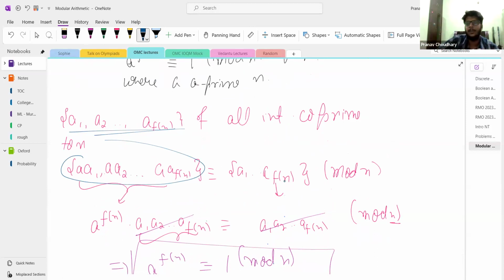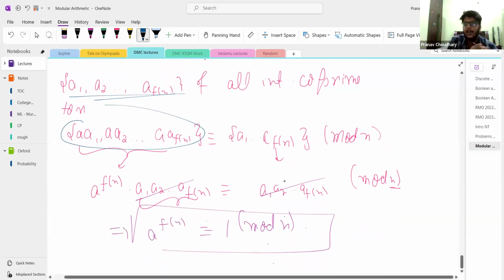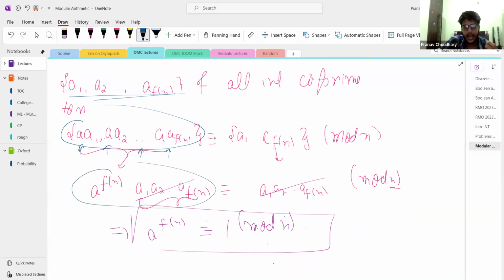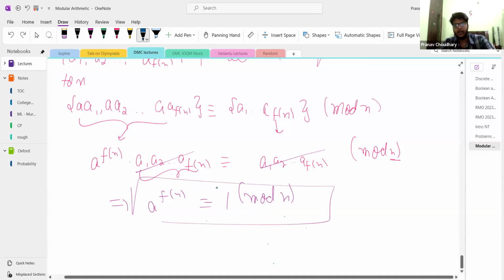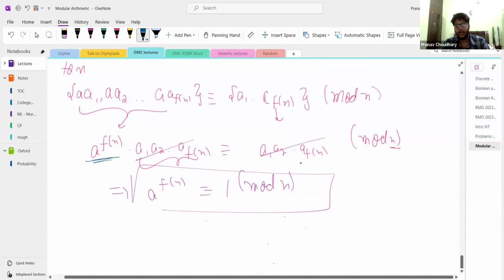Both of these sets are equal, right? I take the product of all the elements of this set and write them here, and I take the product of everything here and write it here. And I just cancel out this thing because it's co-prime to n. And for my a, I get a to the power f of n congruent to 1 mod n. A can be any number co-prime to n.